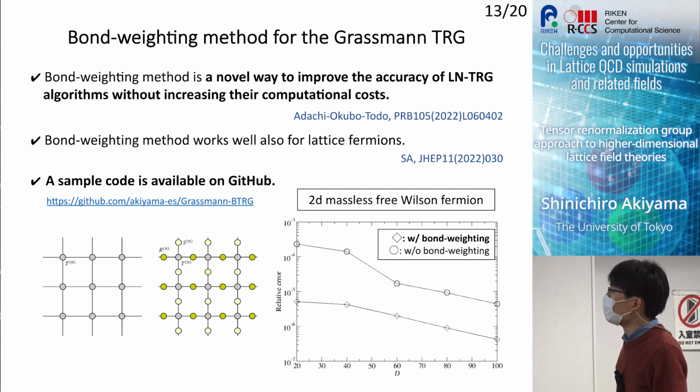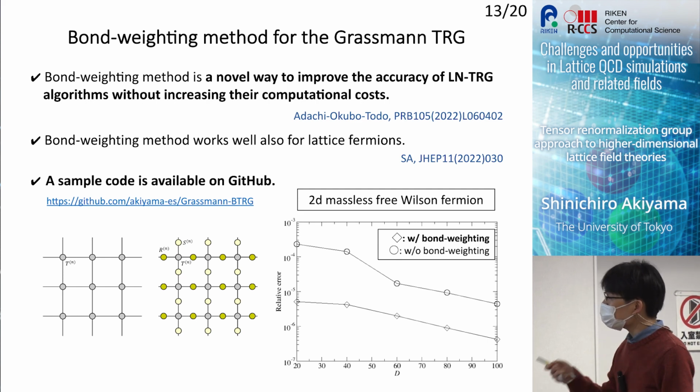And here is the benchmark result for the two-dimensional massless free Wilson fermion. I'm showing the relative error of the free energy of this fermionic system, and the x-axis is the bond dimension. This circle symbol shows the computation by the original TRG algorithm, and this line shows the calculation using the bond weighting technique.